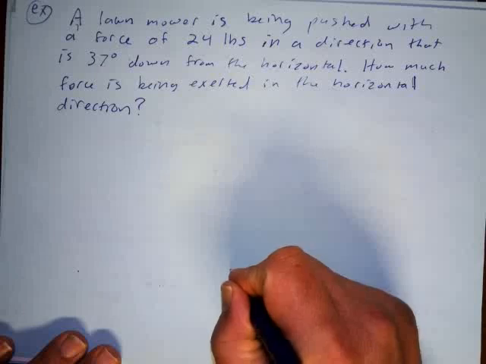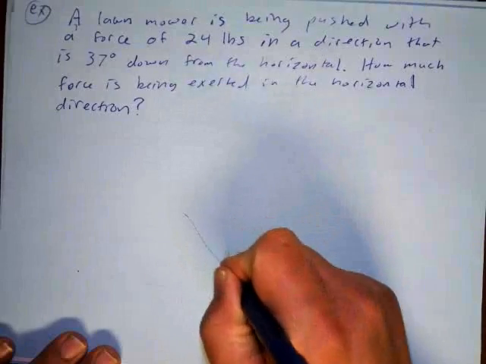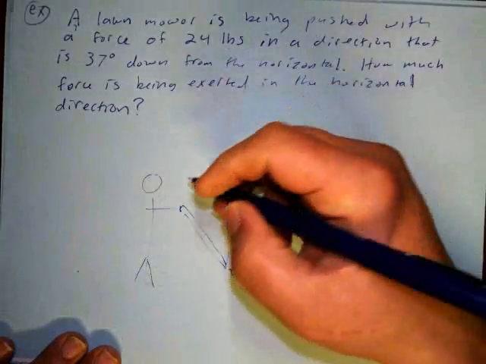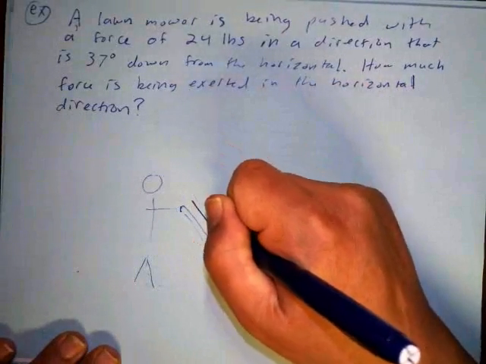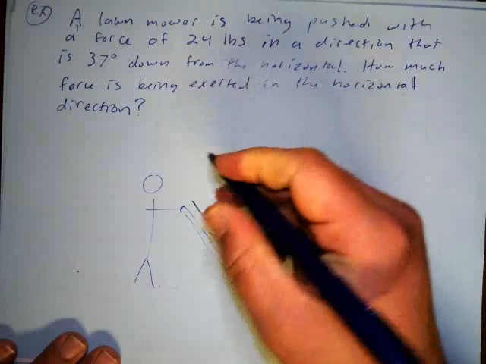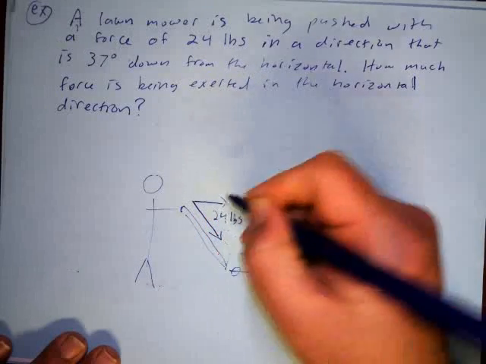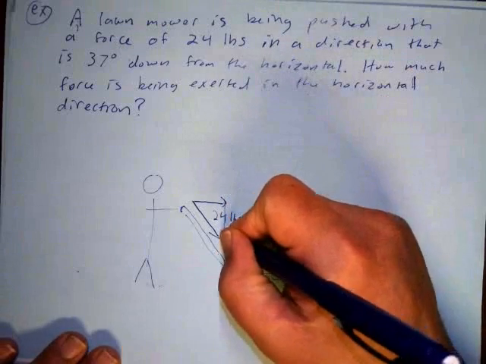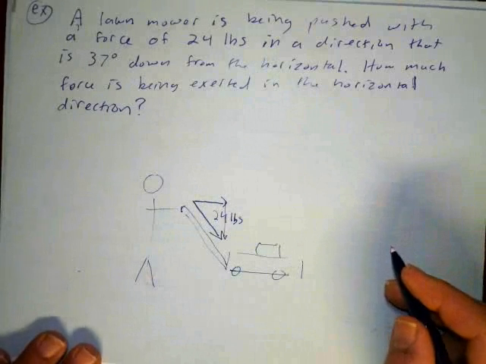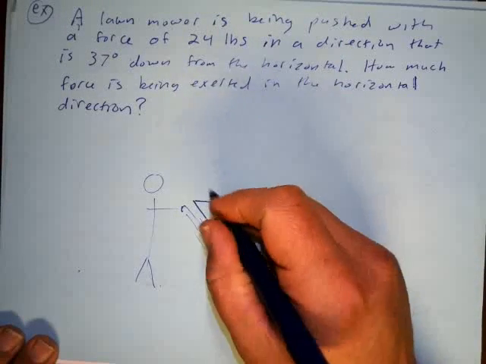So there's a lawnmower, and the person is pushing it, and there's a downward force here of 24 pounds. It wants to know how much of this force is going in the horizontal direction, not so much the vertical direction. How much of the force is actually moving the lawnmower forward?